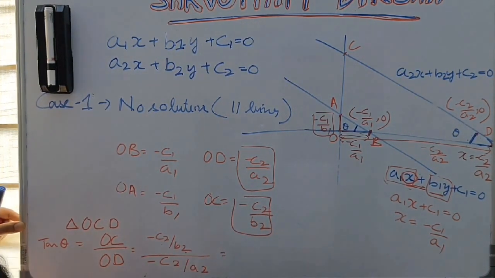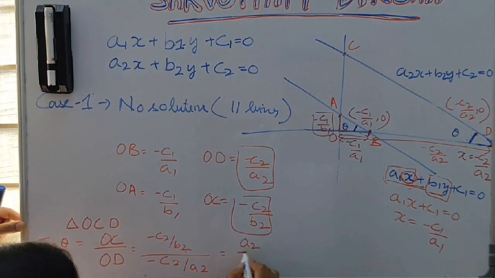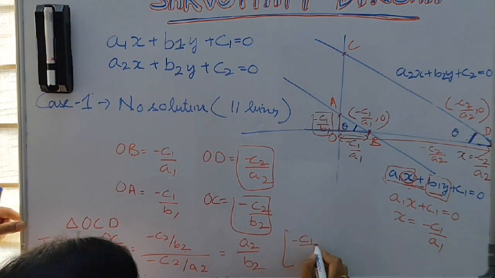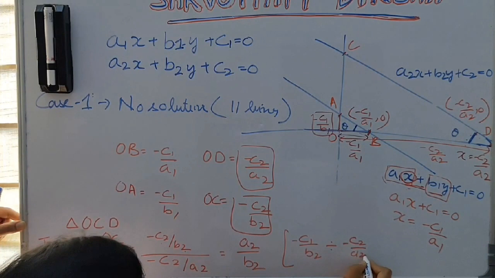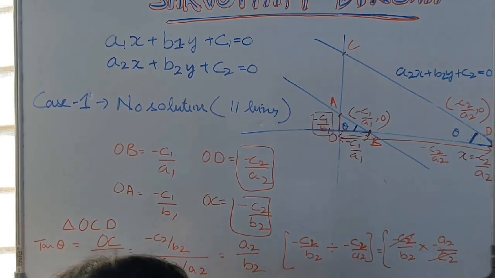So if I solve it further, my minus will get cancelled and I will get it as a2 by b2. How have we got a2 by b2? If you have confusions for that, do it like this. Minus c2 by b2 divided by minus c2 by a2. And then c2 will get cut and I will get nothing but a2 by b2. My minus is also getting cut.